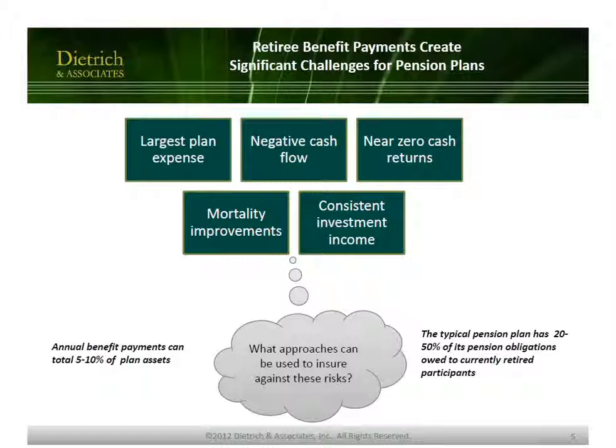So we're down a couple levels, but we think it's important for plan sponsors to understand this cash flow mismatch issue. And at the end of the day, we think there are some ways to insure against these risks. Again, we go back to insurance products being cash flow matched vehicles, and cash flow matching is really the bedrock of how insurance companies invest.